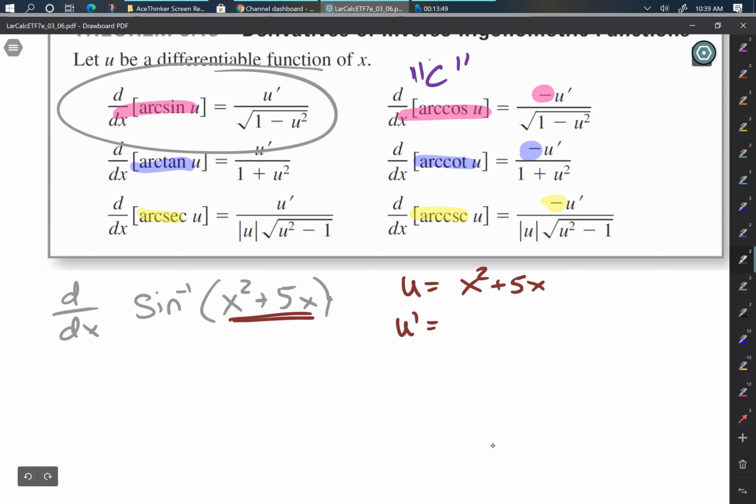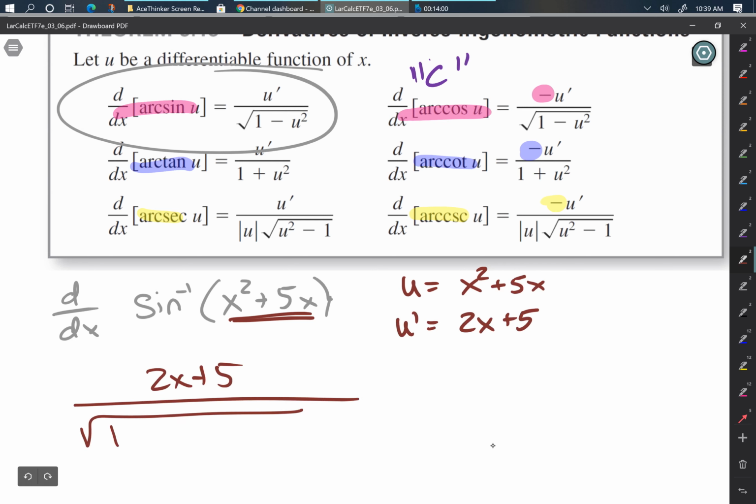That means that u prime is 2x plus 5. So then the derivative of this is going to be 2x plus 5 divided by the square root of 1 minus (x squared plus 5x) squared. And then I'm done. There's my derivative.